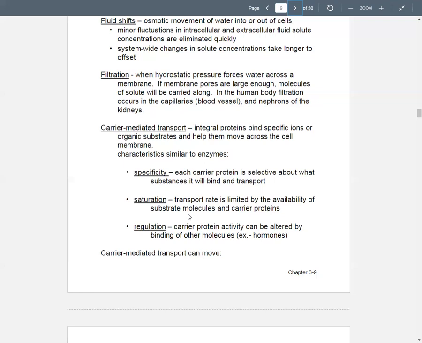In the human body, you have filtration in certain places, like in the capillaries, so that your capillaries are designed to be able to filter materials into or out of the capillaries. You also have filtration happening in the nephrons, in the kidney, where you want to be able to eliminate waste.